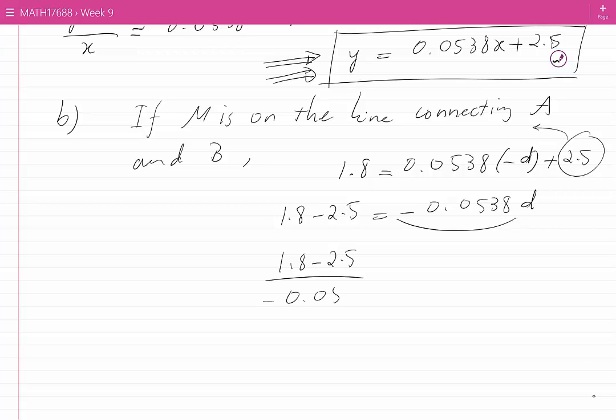That becomes D. Of course, this is approximate because I rounded at some point to get this number, 0.0538.